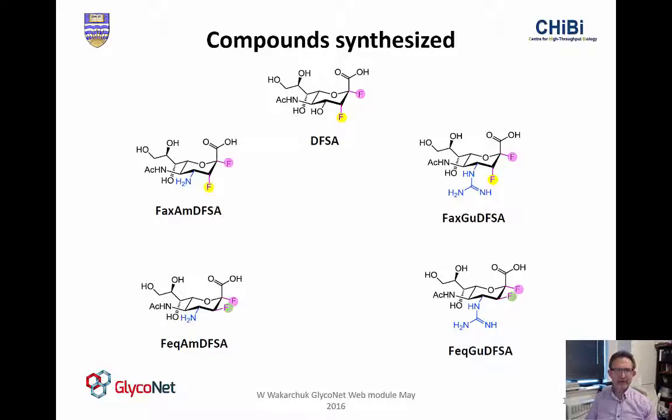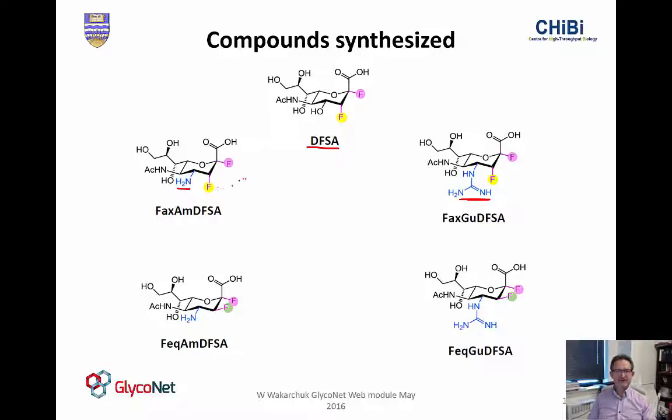So the kinds of compounds that the Withers lab has gone on to synthesize, starting from the initial compound, which was simply the difluorosialic acid, was to go back, knowing that substitutions at the 4 position, in particular the 4-amino and the 4-guanidino substituents, add quite a bit of specificity to the binding and would help lower the KIs for these particular compounds.